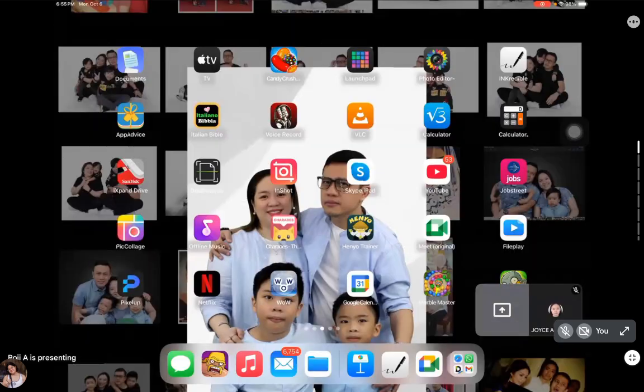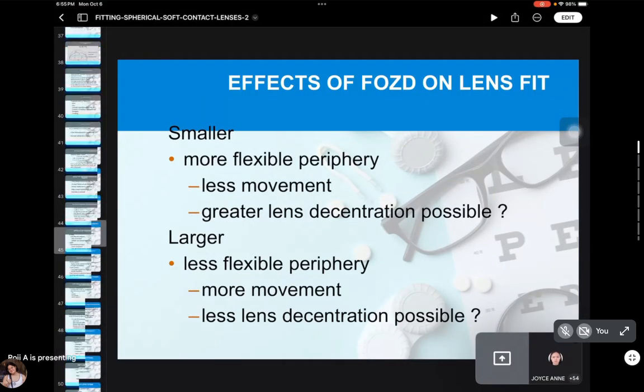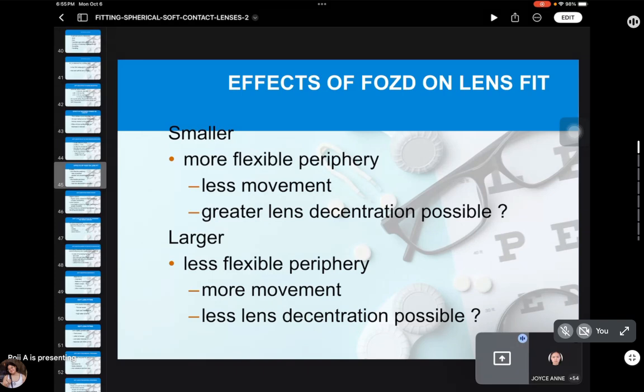Okay. So again, for the optic zone, for the front, this has an effect on the lid. It's more on the lid. So it says here less movement when it comes to smaller, more movement when it's larger.